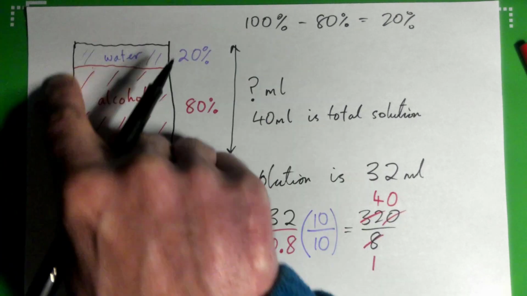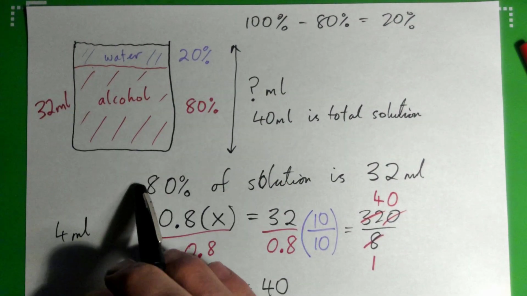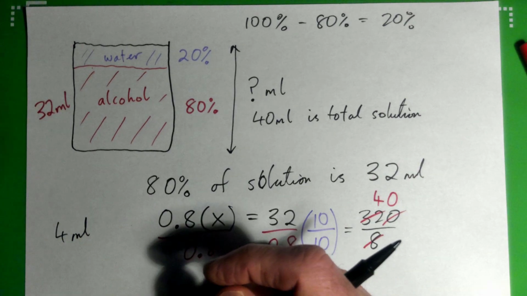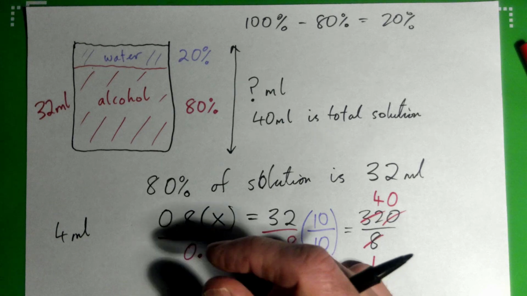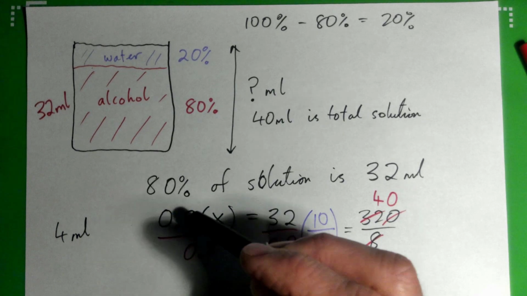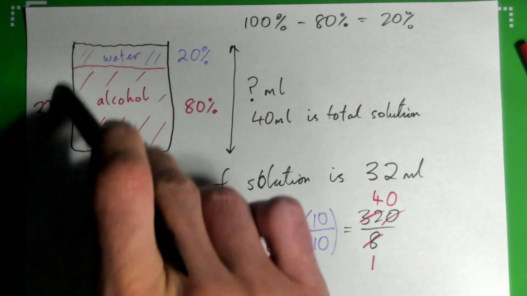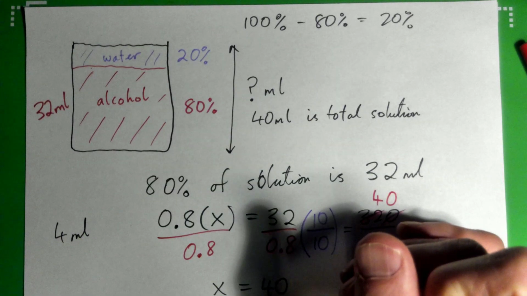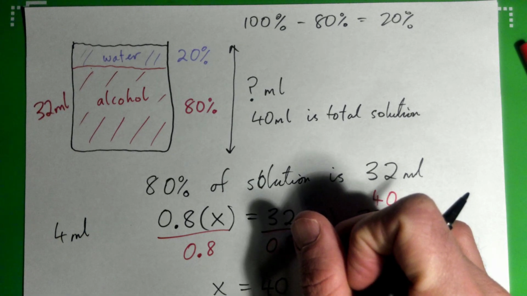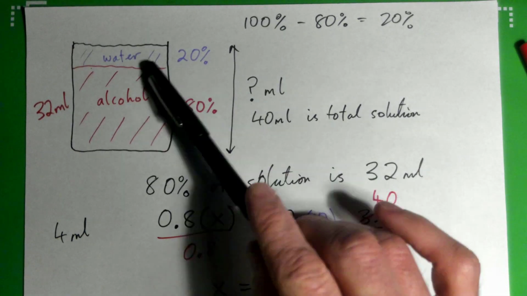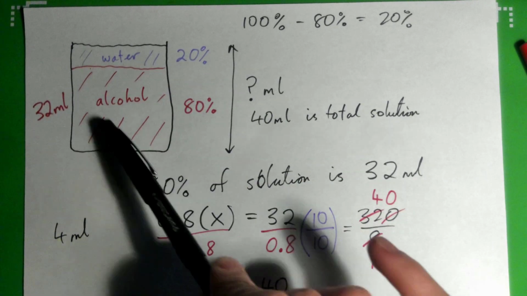Do you think this whole thing is 4 milliliters or not? Why wouldn't this whole thing be 4 milliliters? Because they have 32 milliliters of alcohol. Right, 32 milliliters of alcohol, so it's got to be more than 32. The whole thing has to be more than 32.